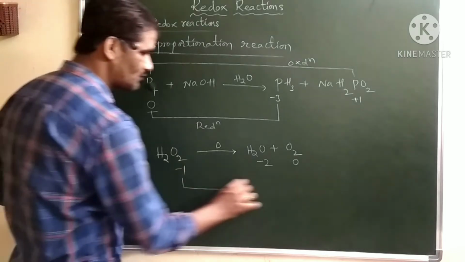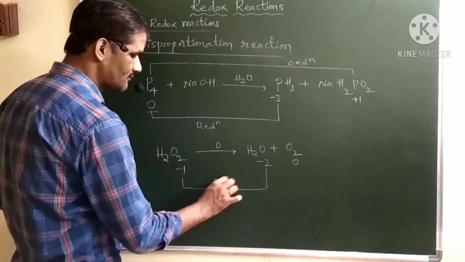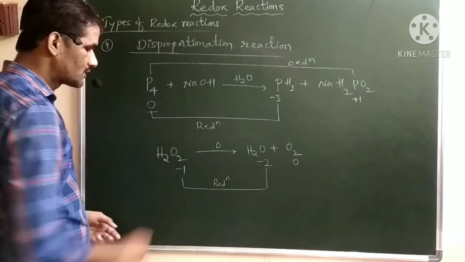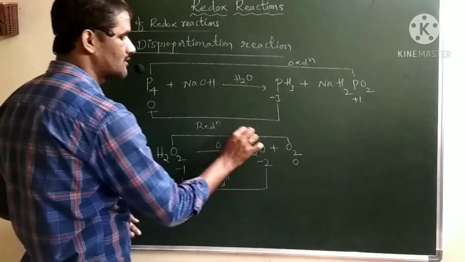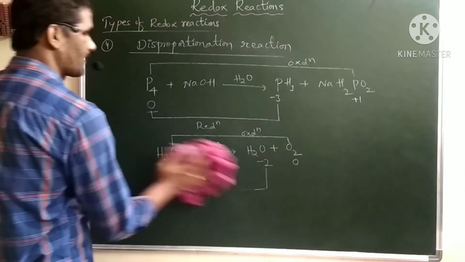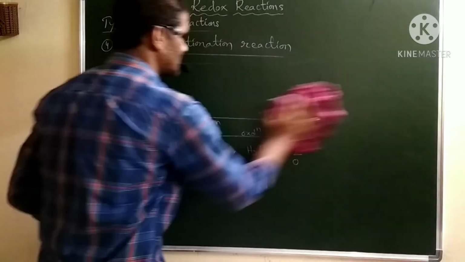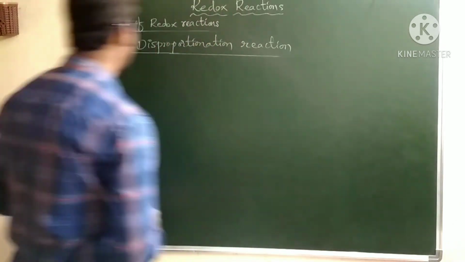Now -1 to -2, decreasing oxidation state, this is a reduction. The same oxygen -1 to 0, increasing, so this is oxidation. Let us take some other examples here. These examples are also very important.